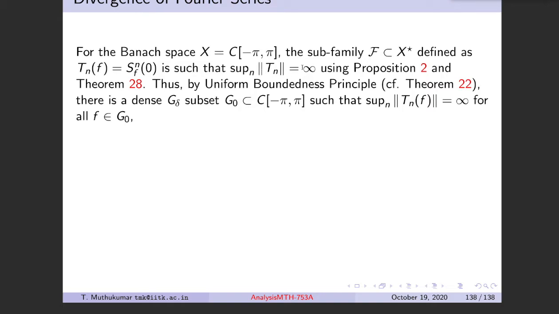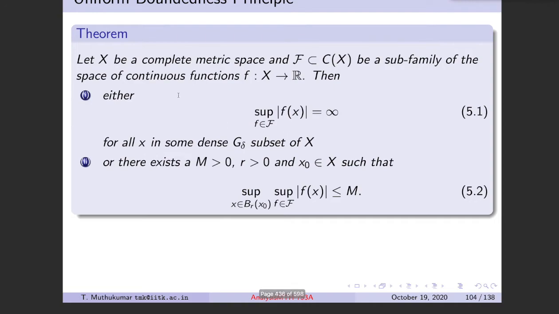So when this is infinity, as a corollary we did for the uniform boundedness theorem, let me just show you there itself. You see, if you have a complete metric space and a subfamily of the space of continuous functions, then one of these two will happen. Either the supremum of this is infinity for all x in some G delta subset of X, or there is an m and r such that this happens.